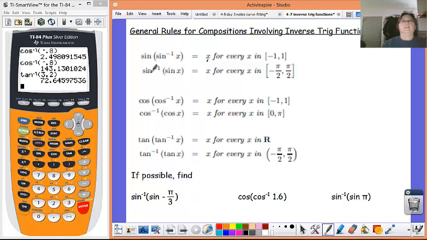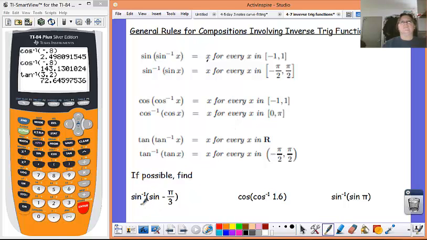The sine of the angle whose sine is x is x. The sine inverse, so this says the opposite way. It says, give me the angle whose sine is the sine of x. That also is x. So we're composing here, kind of playing little games here. And what we have to be careful about is that our answers are within the domains for the inverse functions.